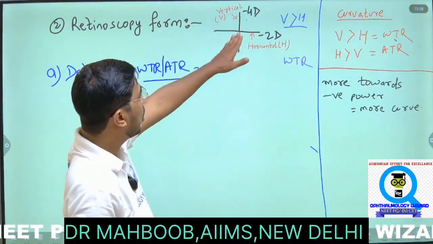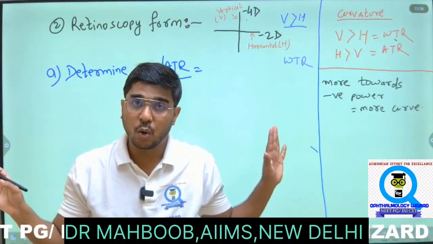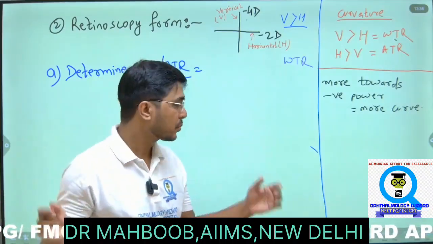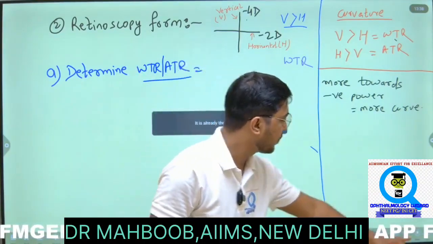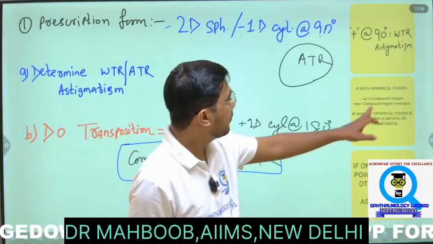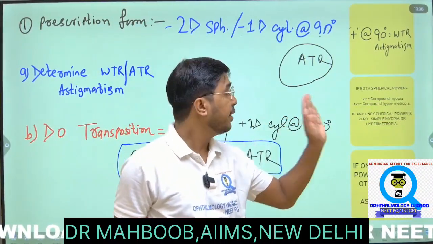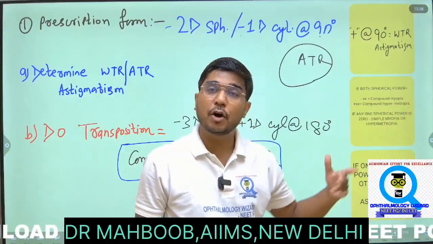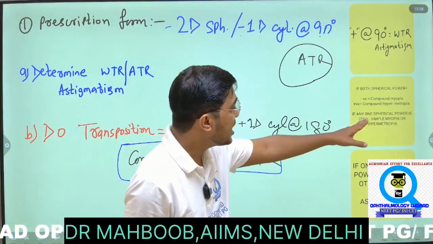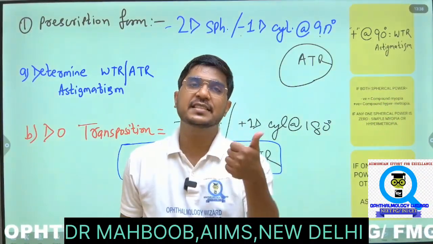So I have ruled out it is with the rule astigmatism. Now same thing. If both of them are negative, it is compound myopia. If both of them are positive, it is compound hypermetropia. If any of them are zero, it is simple.